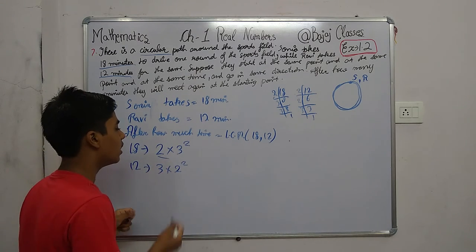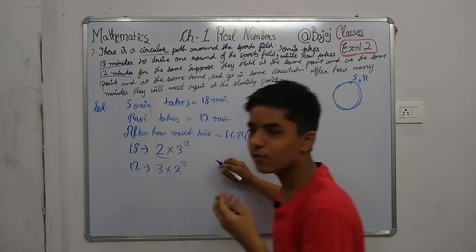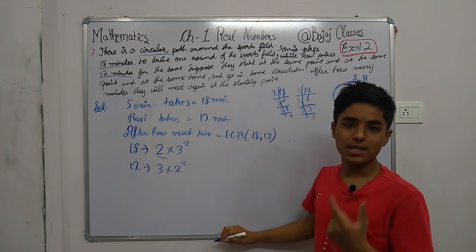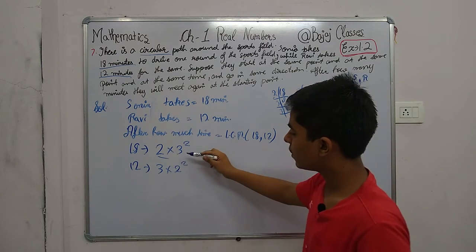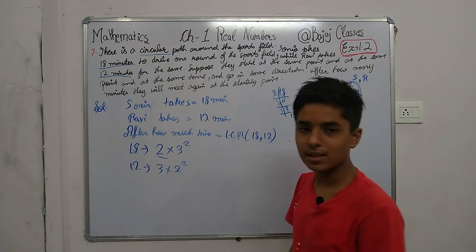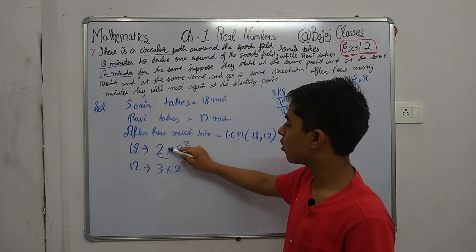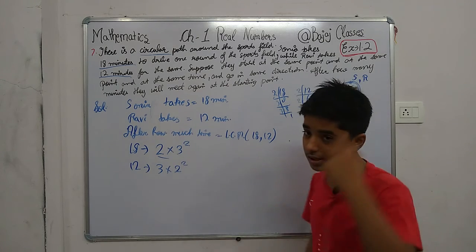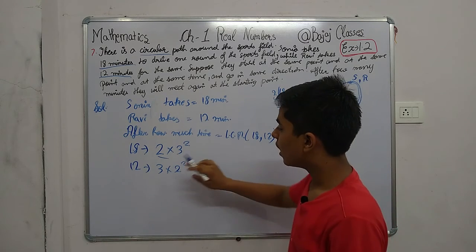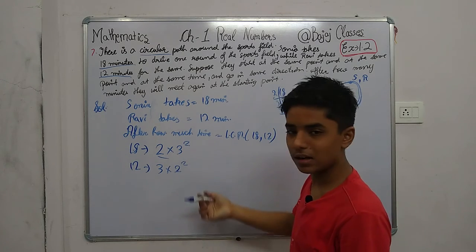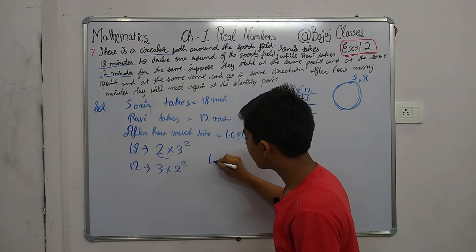Now what is our HCF? Finding the HCF is not necessary, but you can see that the lowest powers of the common factors will be our HCF. Sorry, our HCF will be 2 into 3, that is 6. Now we have to find the LCM.